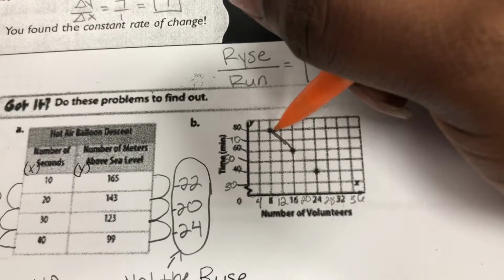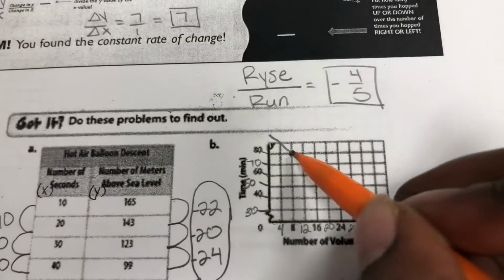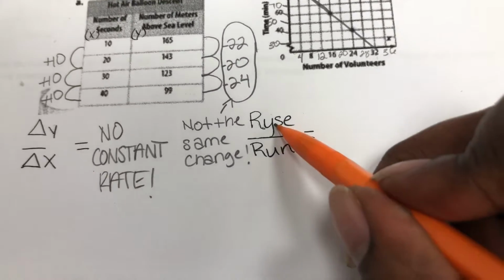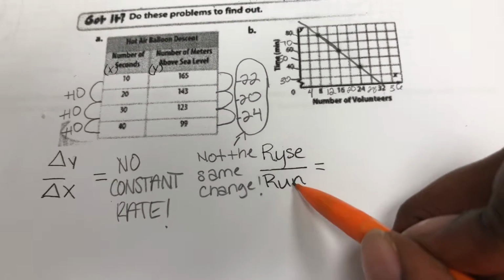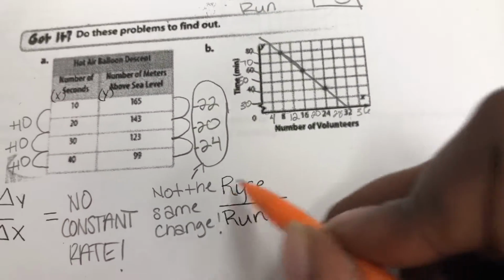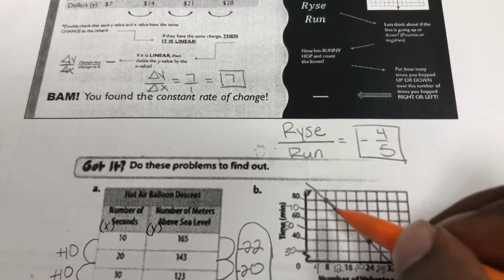All right, so let's draw this whole line out. Okay, so if I'm going from this dot to this dot, and I have to rise with my Y on top and run with my X on bottom, then let's do the rise first. Rise means you had to go up or down, okay?